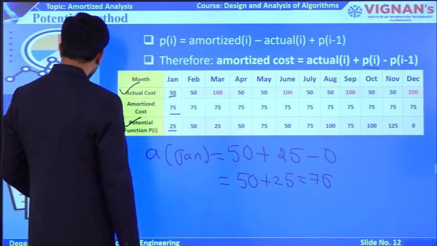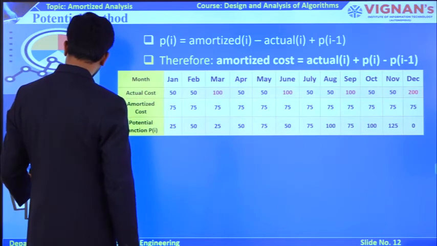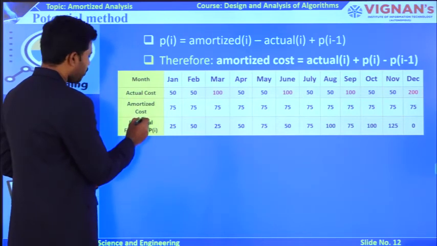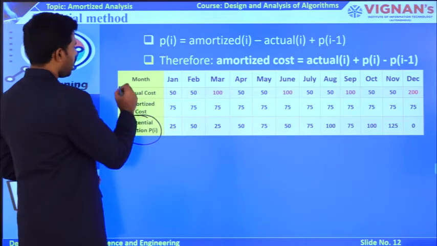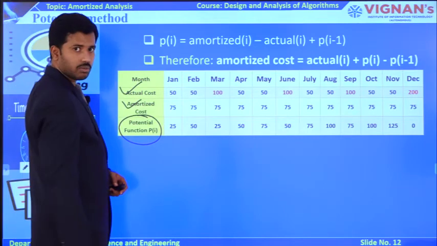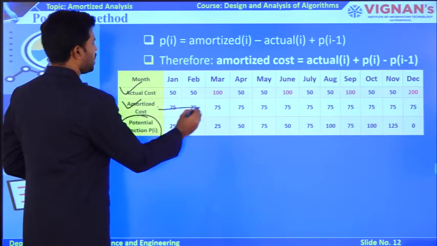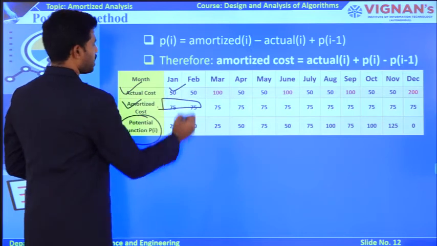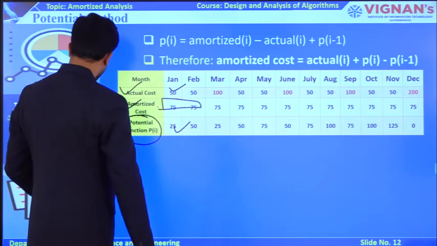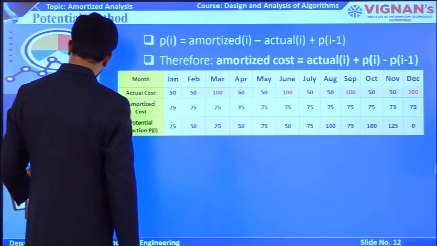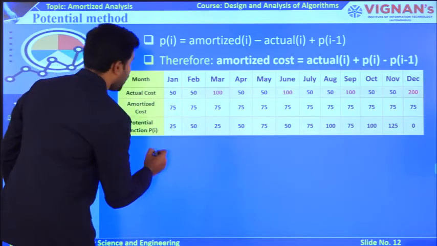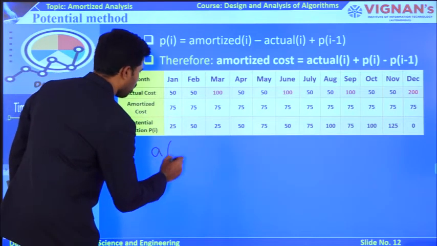In the aggregate method, you are finding the potential function with the help of actual and amortized. But here you are finding amortized with the help of actual and potential. Now you try to apply the amortized cost on February.